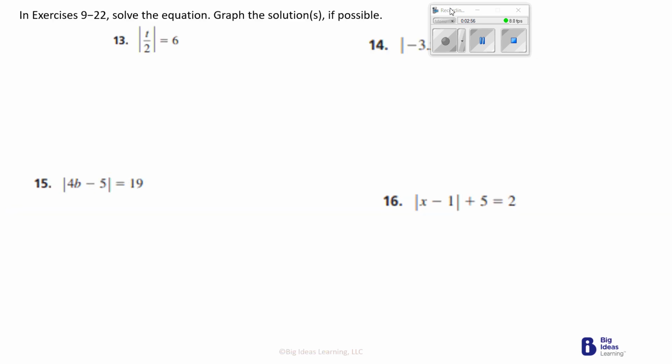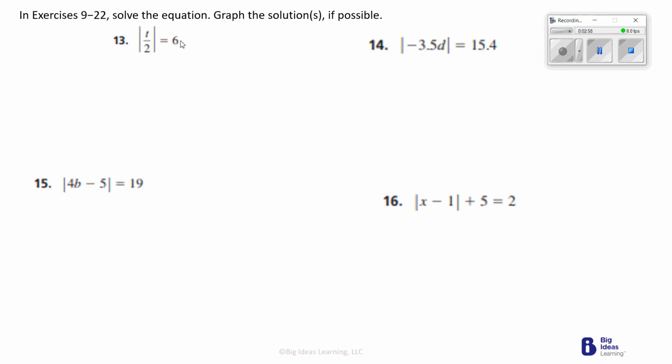All right, see number 13 here. It says in exercises 9 through 20, excuse me, solve the equation, graph the solution if possible. So we're still graphing these solutions. We've got the absolute value of t divided by 2 in here, right? It says equals 6.